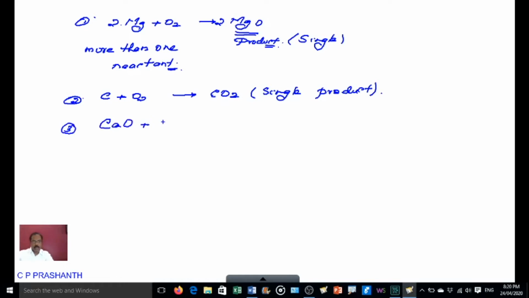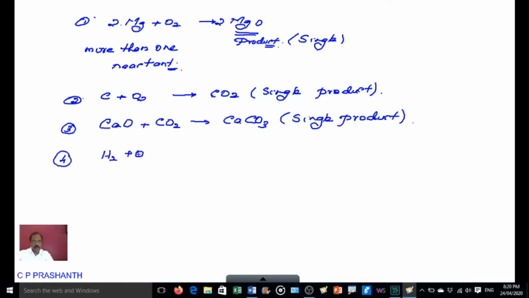The next reaction which we have observed just now, we passed carbon dioxide through lime water taken in a tumbler. Here we are taking calcium oxide. So calcium carbonate formed as a result of this reaction. So here also you can see there is a single product which is calcium carbonate from two different reactants.